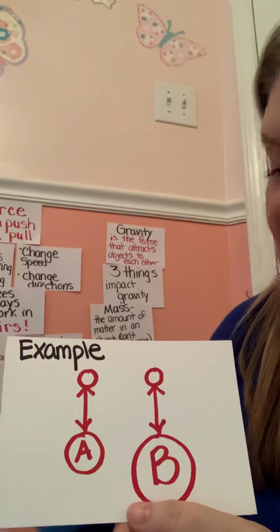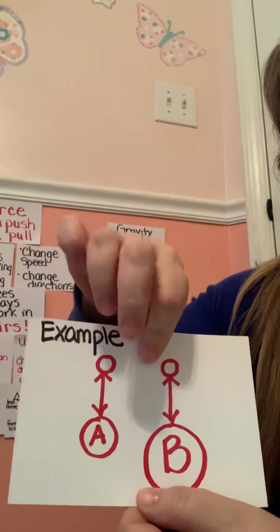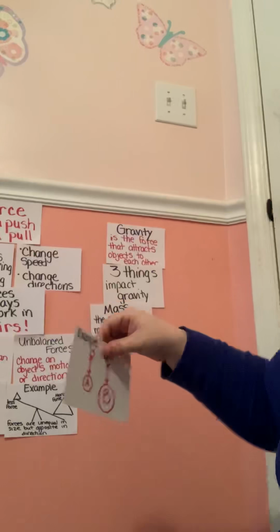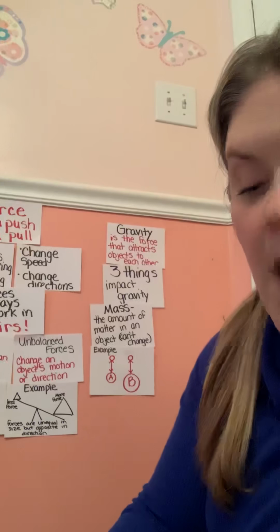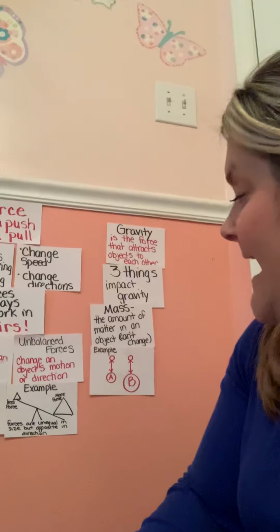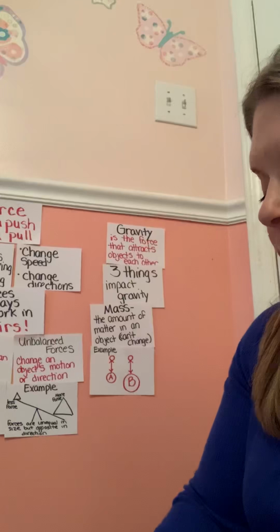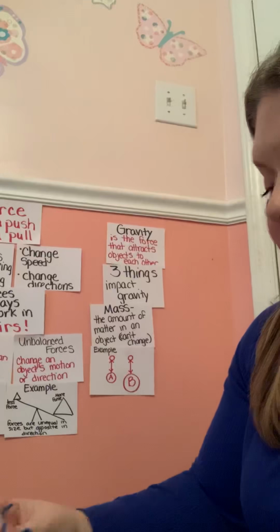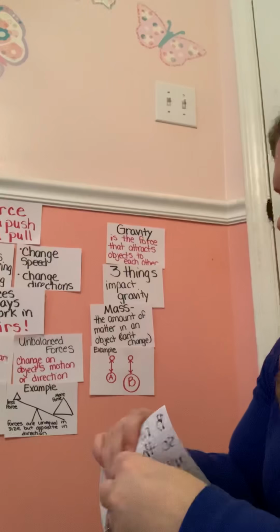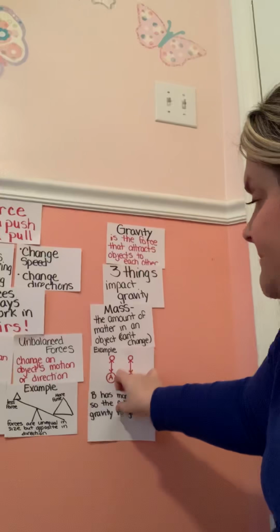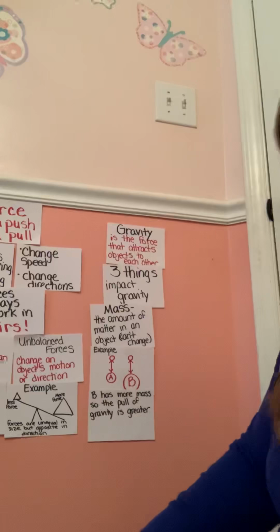Given that case, which one do you think will have greater gravity? Think about it. Hopefully you said B, because B has more mass, and because of that, the pull of gravity is going to be greater between B and that little planet than it is between A and that little planet. So that's our example so far.